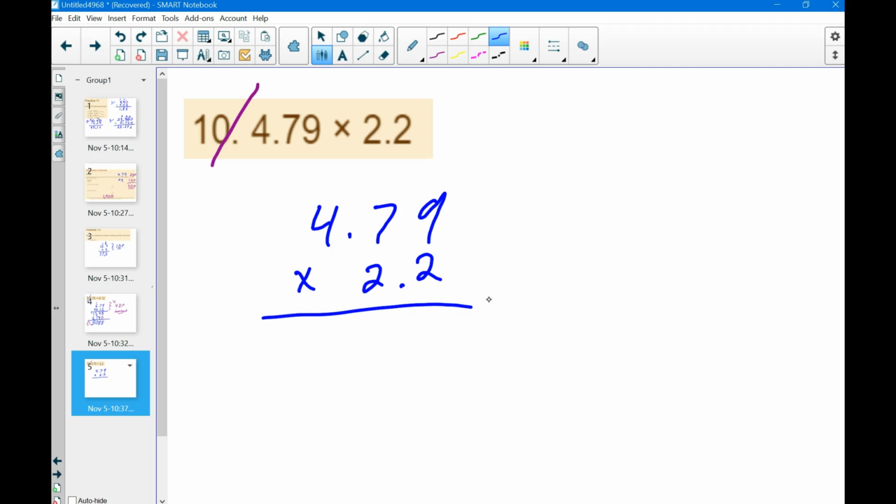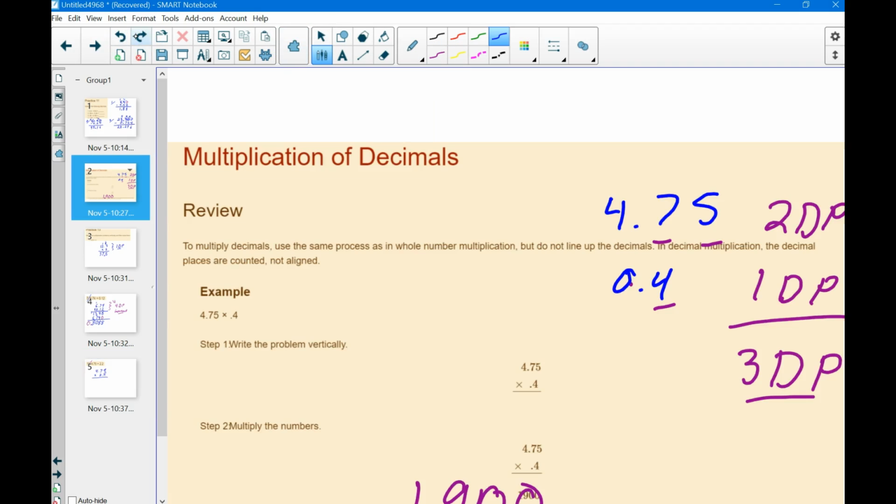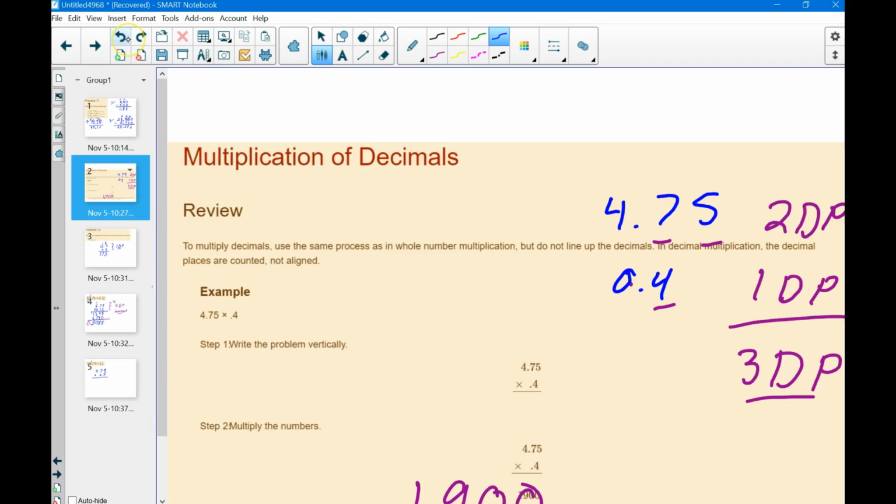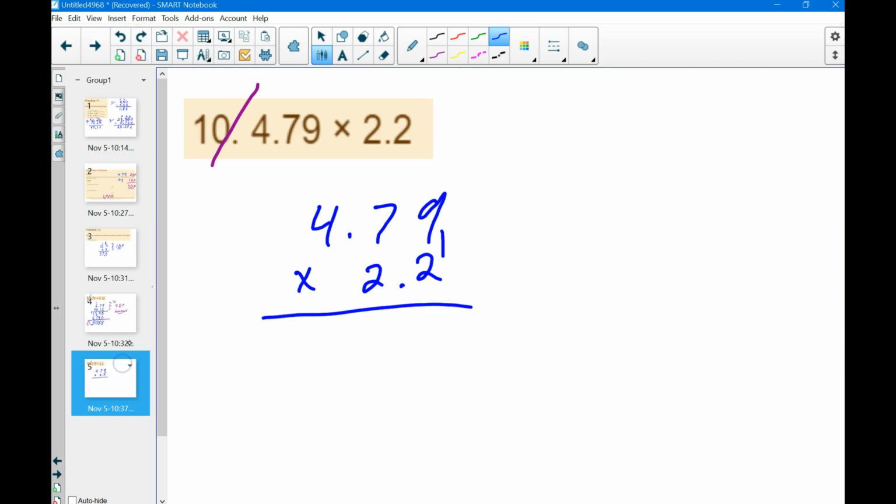So starting our multiplication, I'm going to multiply these two first. I'm going to go 2 times 9, 2 times 7, 2 times 4, and so on.